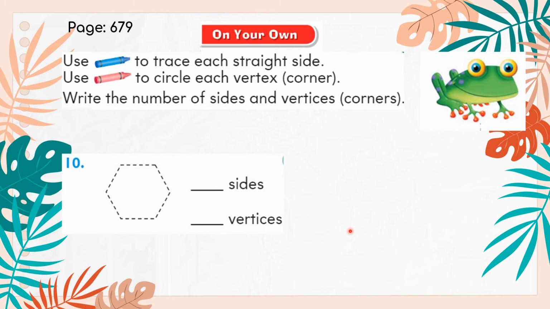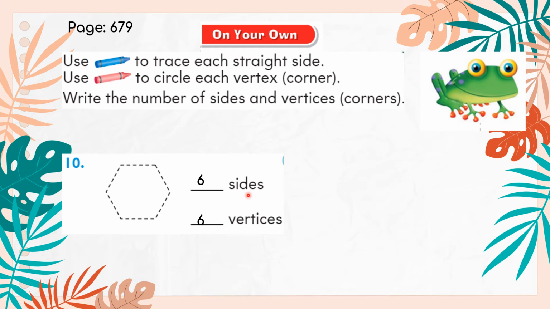Let's look at the other part. Now, on this shape, let's count how many sides it has. 1, 2, 3, 4, 5, 6. It has 6 sides. How many vertices? 1, 2, 3, 4, 5, 6. It has 6 vertices.